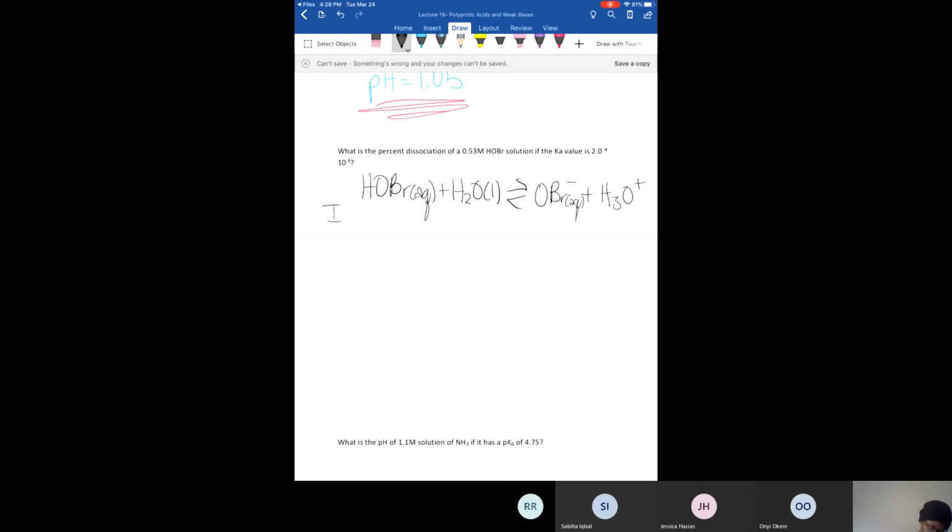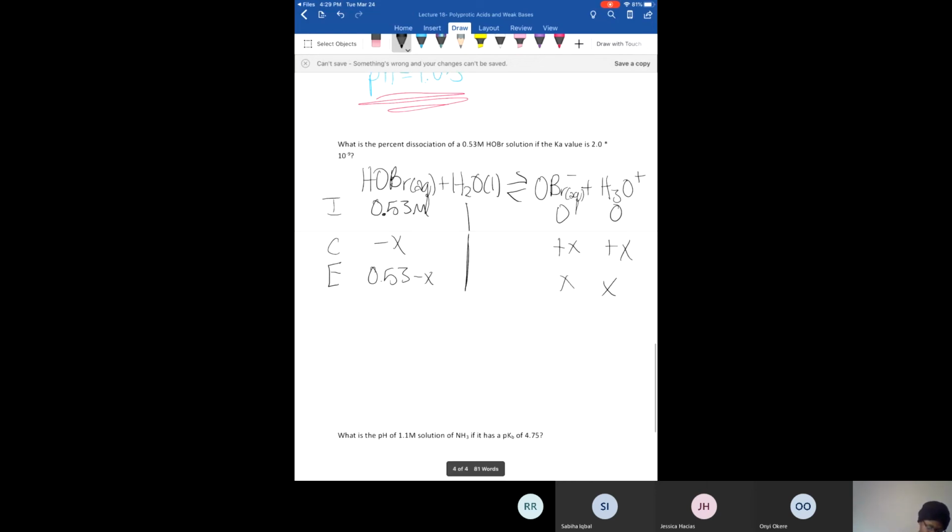So I see 0.53 M. That doesn't matter. And then 0, 0, minus x, plus x, plus x. So you get 0.53 minus x, and x, and x.